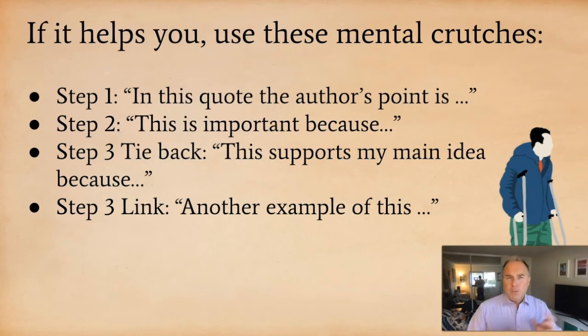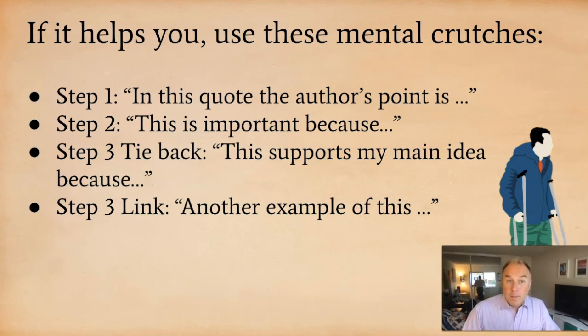When it comes to thinking about those 3 steps, if it helps, you can use these kind of mental crutches, if you like, to support. And these are just for when you're in the middle of writing a draft. I would suggest that you remove them when you do your proofreading, because you don't need these in there, just to remind you of the 3 steps.